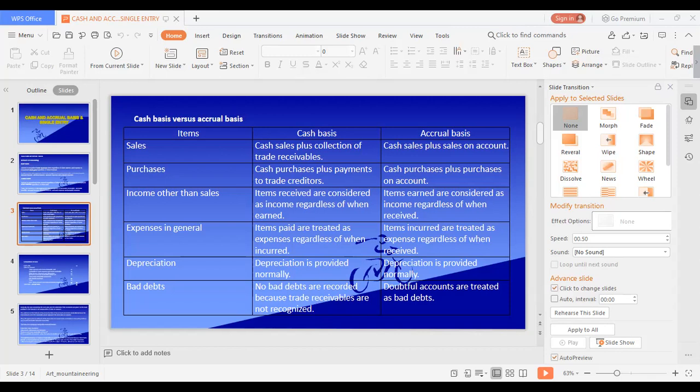In number 8, prepaid insurance on December 31, 2019 in the amount of 7,000 was not recognized. So here we are going to debit insurance and credit retained earnings. In number 9, prepaid insurance on December 31, 2020 amounted to 12,000. So debit prepaid insurance and credit insurance.